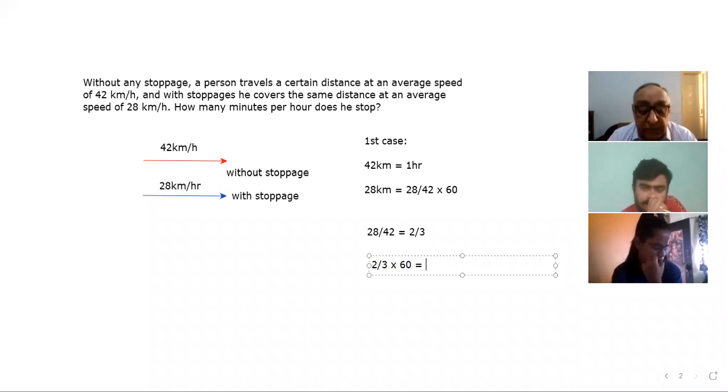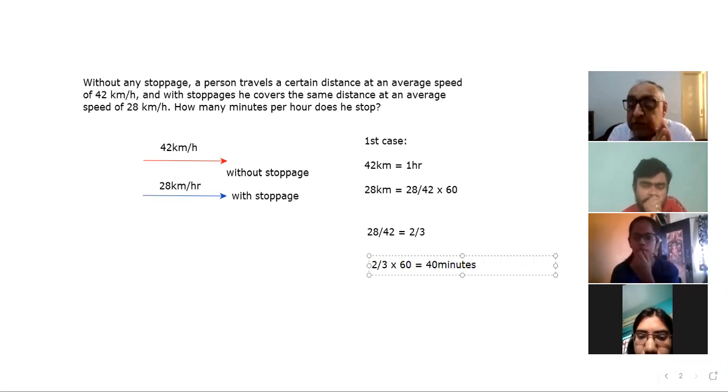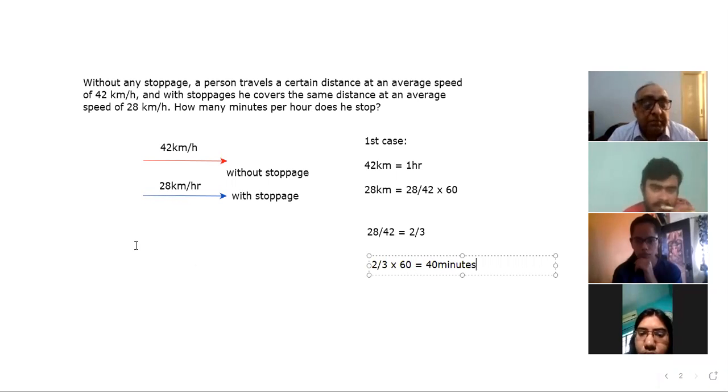So the time taken will be 40 minutes by the train which doesn't stop. But the train which stops takes 60 minutes. It means how many minutes per hour does the train stop? That is 20 minutes per hour.